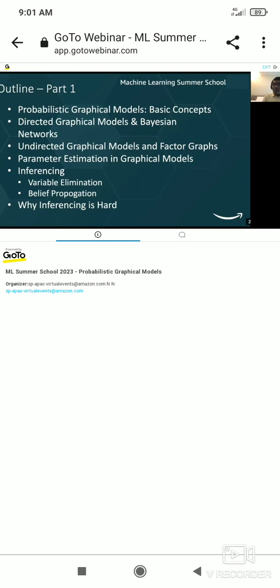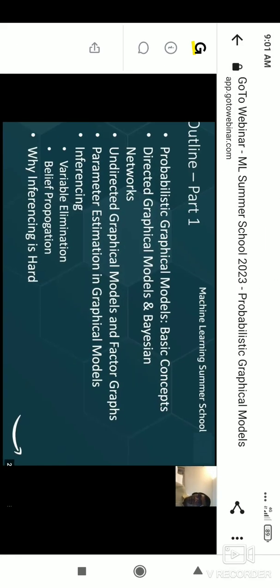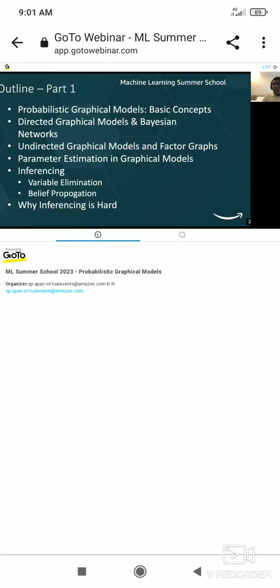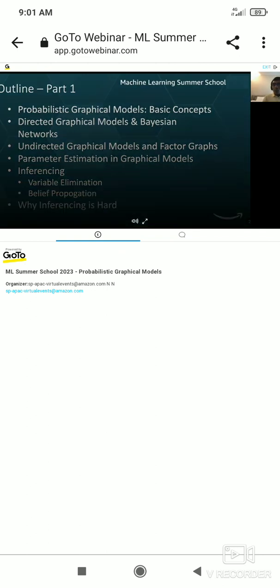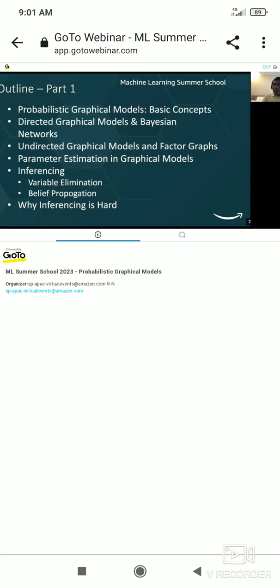Following this, we will touch upon undirected graphical models, factor graph, and also discuss this in the context of Markov networks. Subsequently, we will discuss how to do parameter estimation in graphical models and also discuss the inferencing problem. We will close out the first part with a discussion on why inferencing is hard, and in part two, we will continue the discussion on what methodologies can be employed to make inferencing practical for real-world problems.